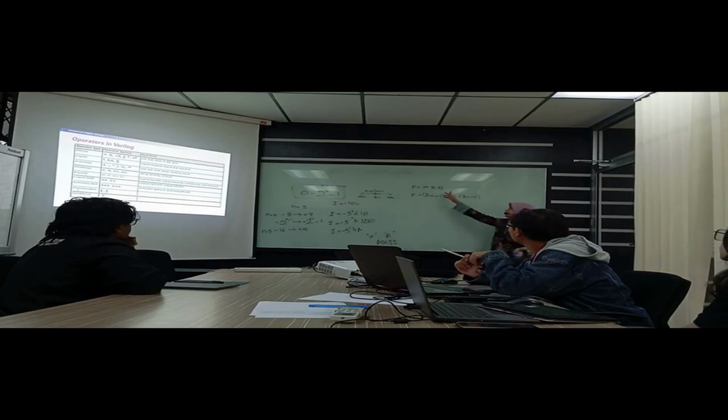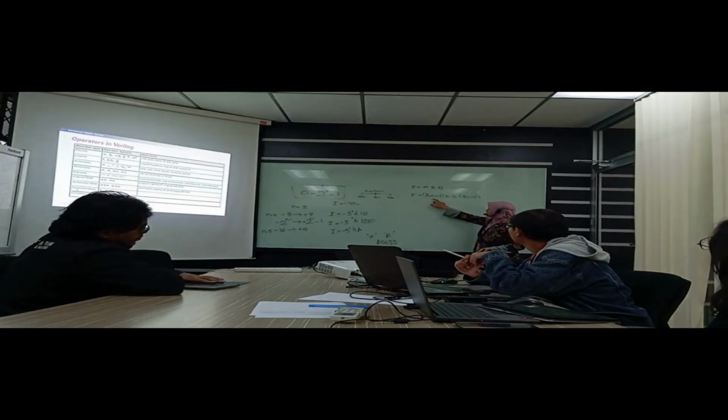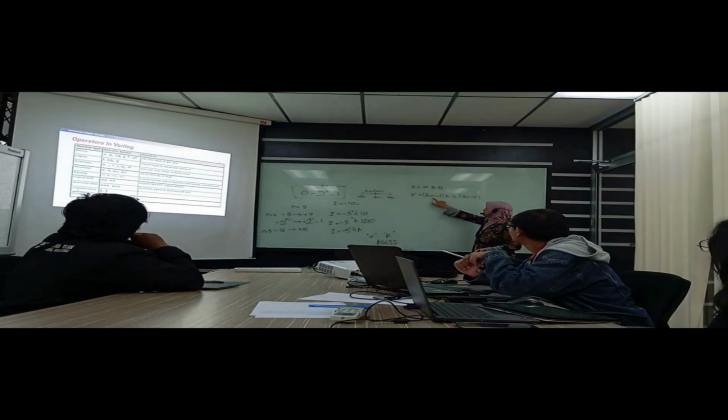The output F for bitwise is 4 bit, but for this one the output is 1 bit, which is true or false. So it means, is A equal to 1? Is A actually true, equal to 1? Is B equal to 1? So that means logical.